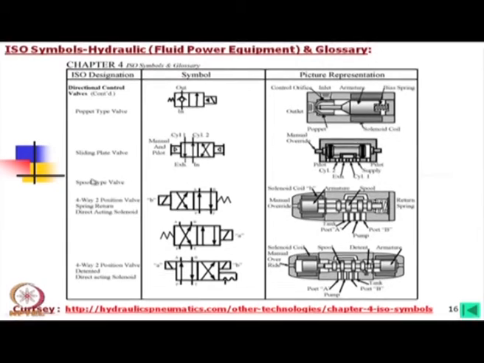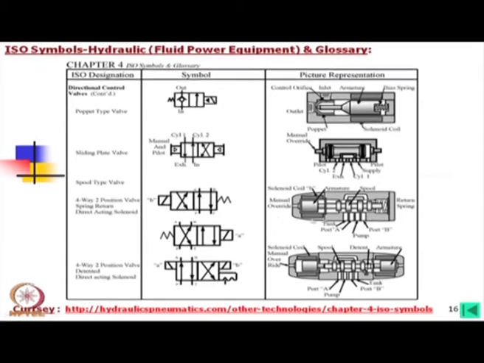Now, if we come to the spool type, which is very common, as I have told earlier, looking at this we can name the valve. There are two positions and 4 ports, so we should call this a 4/2 direction control valve.